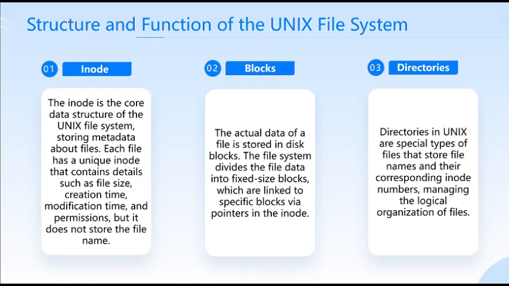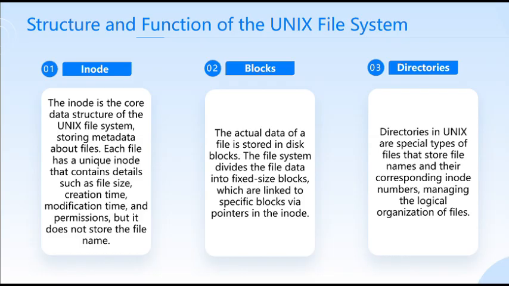First one is the structure and function of the Unix file system. The first is inode. Inode is the core data structure of the Unix file system. Each file has a Unix inode storing metadata like file size, creation time, modification time, and permissions, but it does not store the file name.